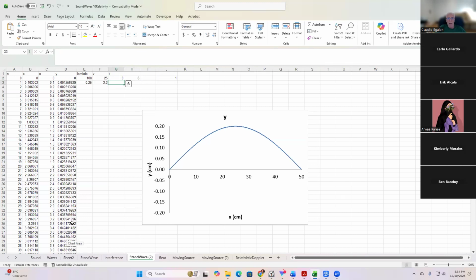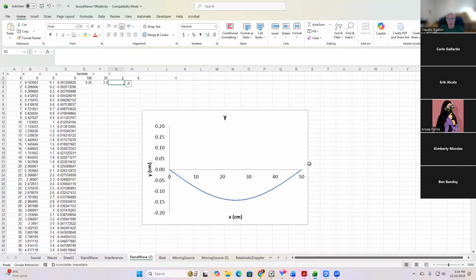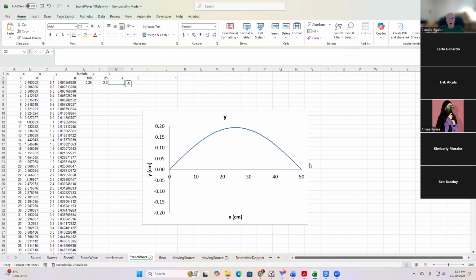Let's see. Okay, so we're going to start at time t equal to 0. Oh no, we gotta go at smaller steps. So let's see 0.2. Yeah, looks like 0.2 is too much. Let's try 0.5. Yeah, let's do 0.5. 1, 1.5, 2, 2.5 times t, 3, 3.5, 4.